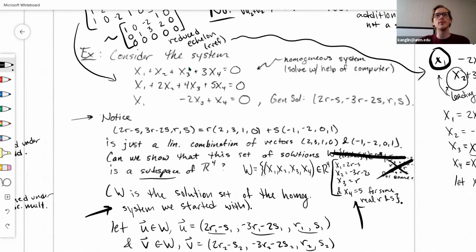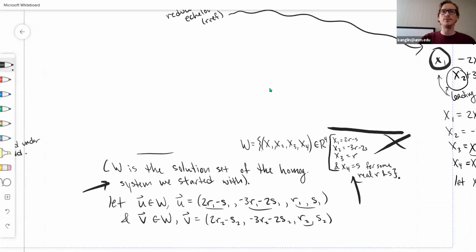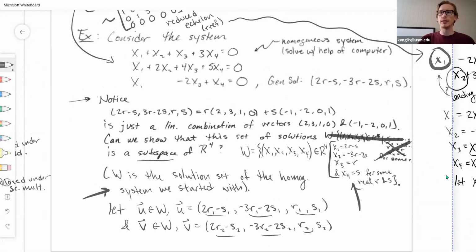Anytime you look at a homogeneous linear system, zeros on this side, you will always end up with a solution set that forms a subspace in R4, for example, here, since you had 4 variables. If you had 3 variables, it'd be in R3. But this is what we really wanted to see. This is the big result that I will write somewhere.